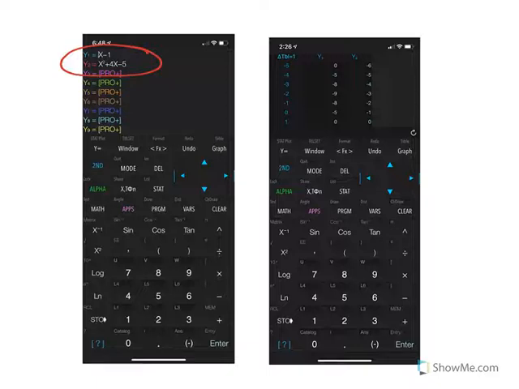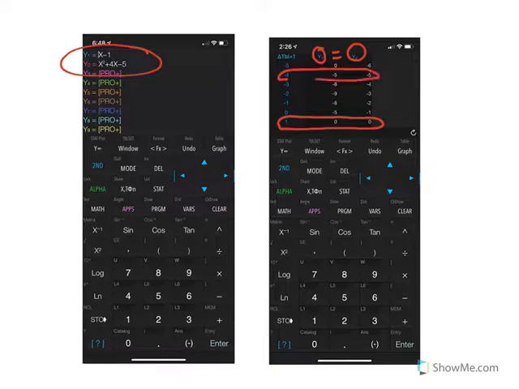You can put one in y1 and the other one in y2, and then you want to go to your table. So on your table, you want to check where is y1 equal to y2. Where are the two values the same? And if you scroll up and down your table, you can tell that at 1 you have 0 and 0 the same, and you can also tell that at -4 you have -5 and -5 for y1 and y2 as well.